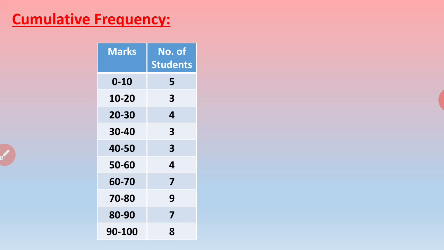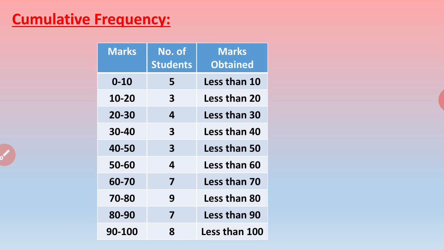The classes are written as 0 to 10, 10 to 20, and so on. Then you have the number of students. Here, the marks obtained from 0 to 10 can be written as less than 10, 10 to 20 is less than 20, and so on. So this is how you get the third column.